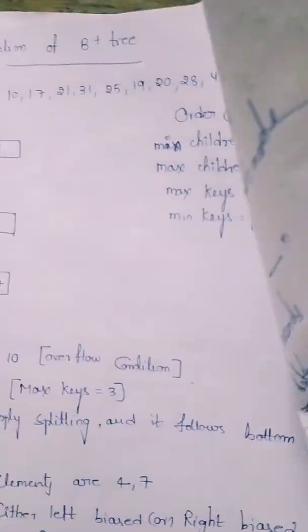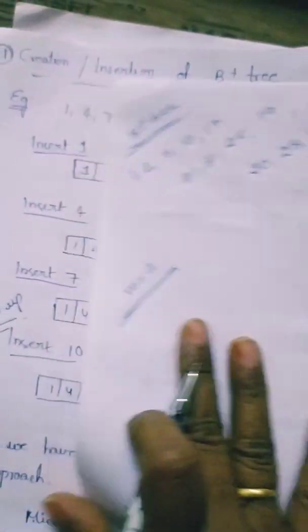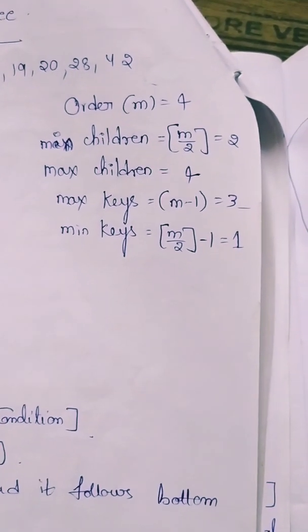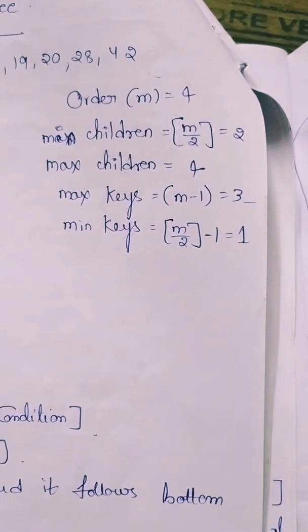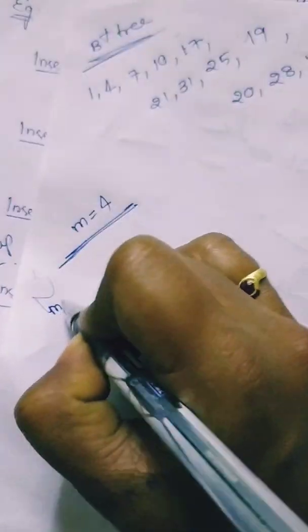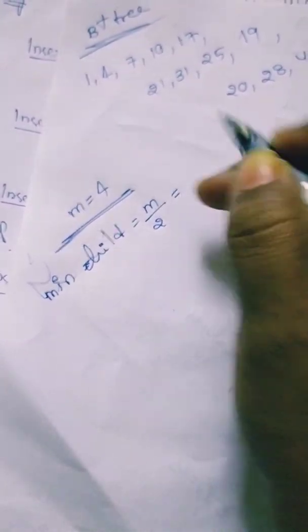Here the order m equals 4, and then minimum children, maximum children, minimum keys, maximum keys. These are the formulas.